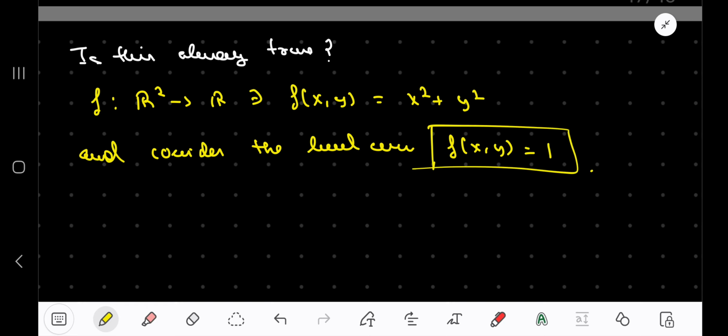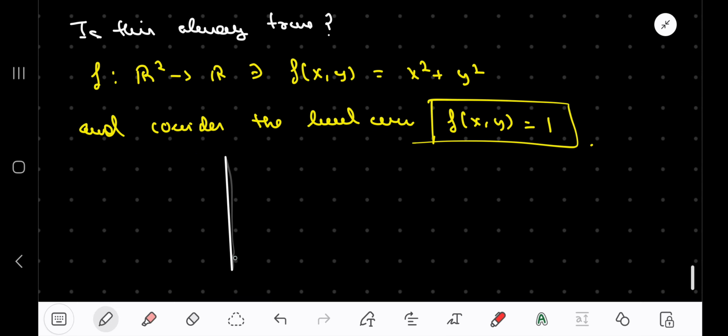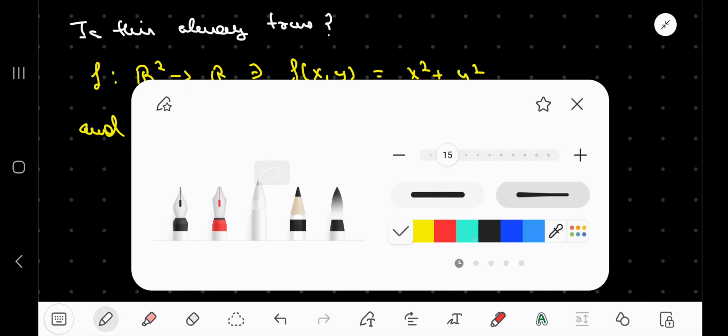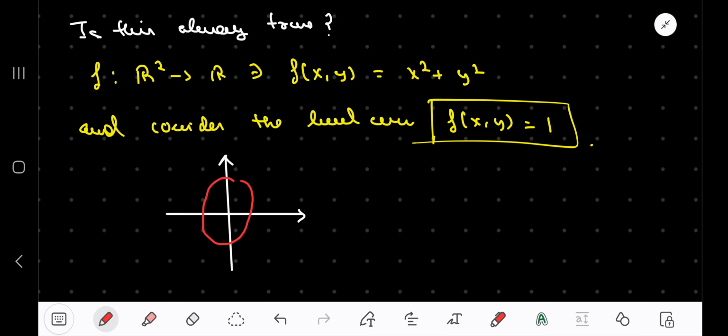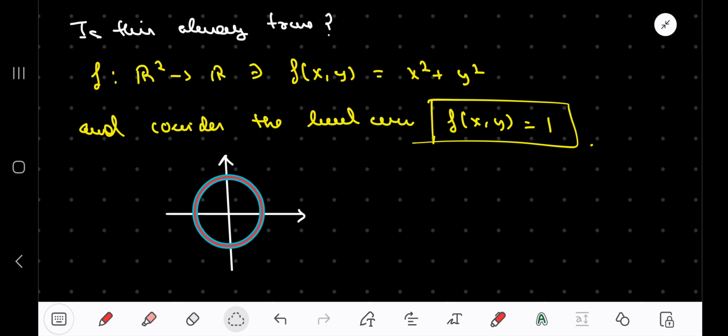Now again this is quite clear that this represents the unit circle in R2. So this represents this unit circle in R2.